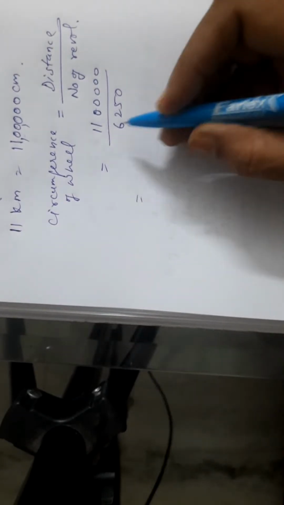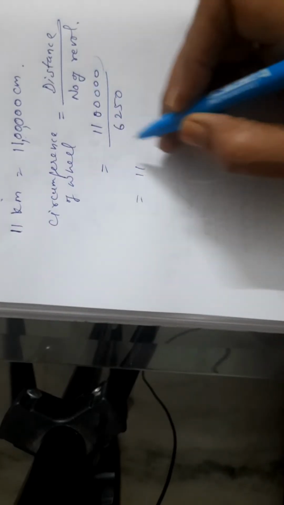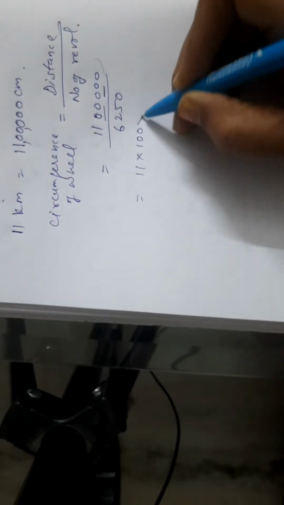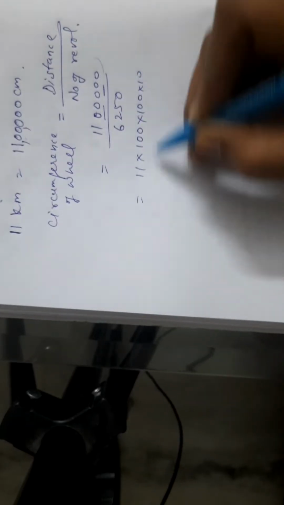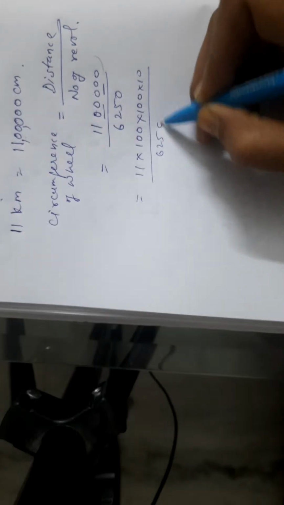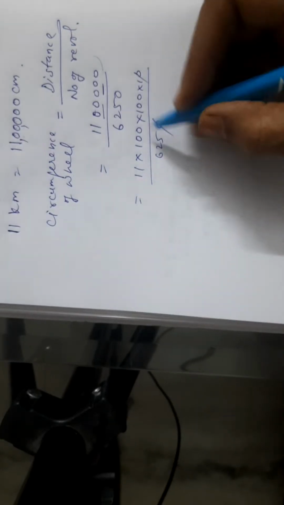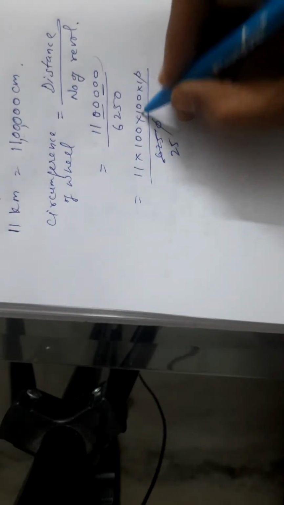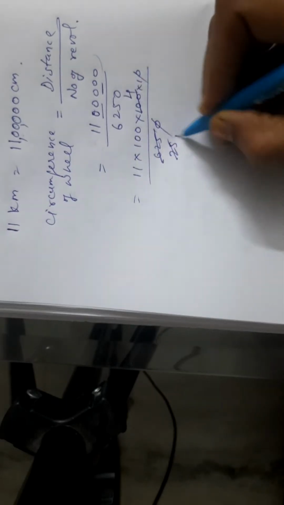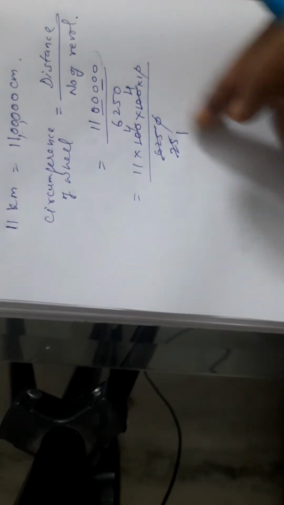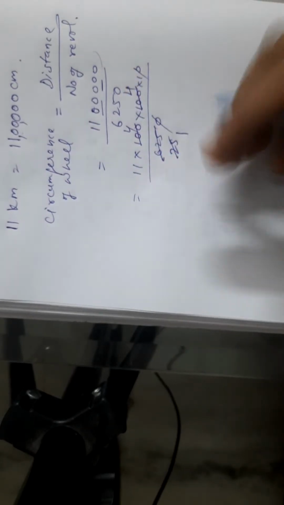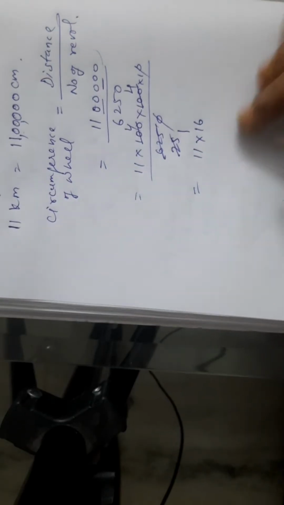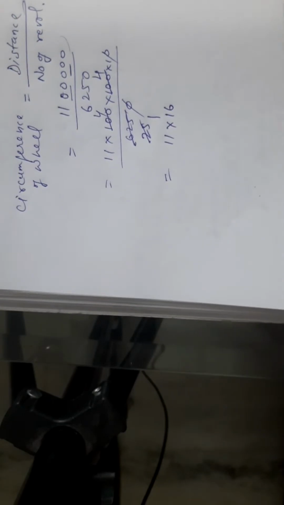So how we can calculate it in simple way? Split out them. 2 zeros will make 100. 0 got cancelled. 625 is 25 25s are. So 25 fours are 100. So final answer 4 4s are 16 and 11. So circumference of circle is 11 multiplied by 16. Don't go for calculation, leave like this only.